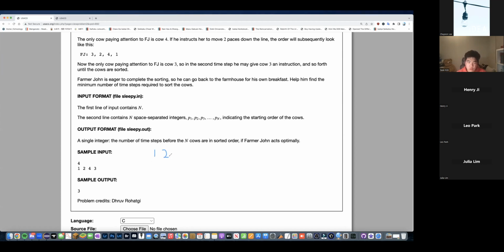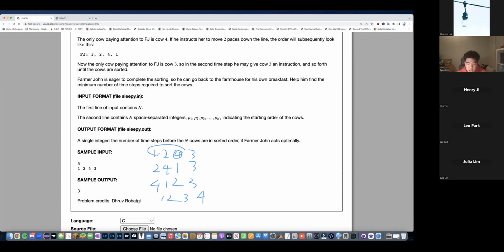Since it's 1, 2, 4, 3, we want to order this in the minimum amount of moves possible. So we're going to move 2, 4, 1, 3, because we cannot move the 4, because all we really need to move is the 4, however. So we make 4, 1, 3, and we move the 4 all the way to the back. To do this, we know 4 is out of order, right? So we need to find that one thing that is out of order.